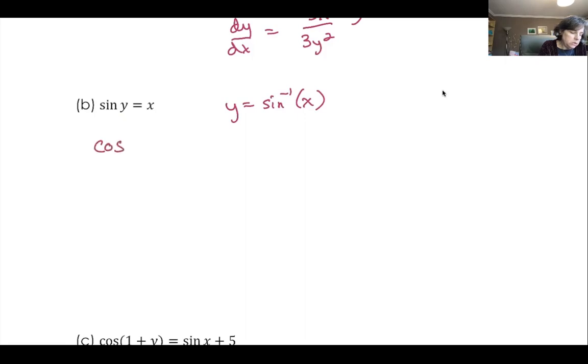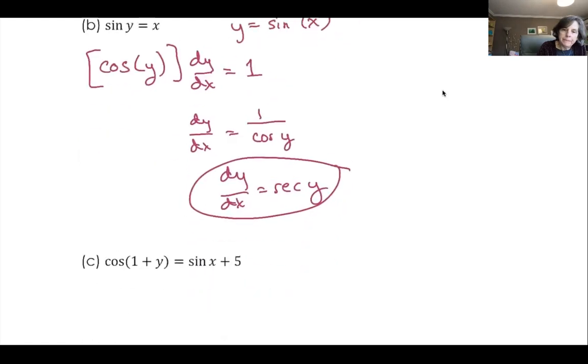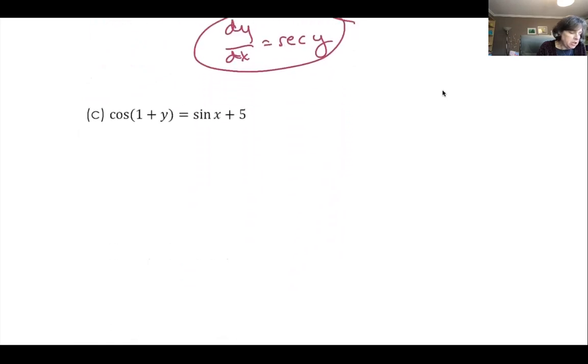Derivative of sine is cosine of my goobly times the derivative of my goobly, so times dy/dx, and equals the derivative of x is just 1. So dy/dx equals 1 over cosine of y, which would be the secant of y. And that's it. That's your answer. So implicit differentiation can be pretty quick.